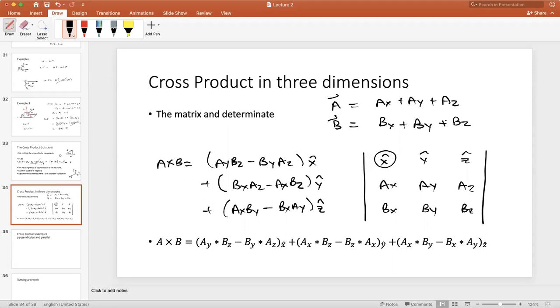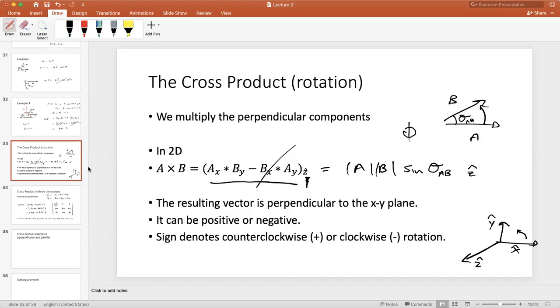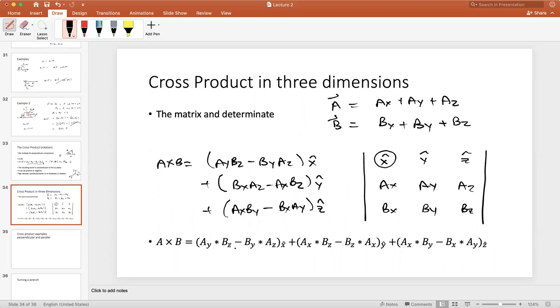And that gives me what the cross product is, for those of you who have had matrices. Notice that if I didn't have a Z component to these vectors, everything in the X hat and the Y hat direction would be gone, because every one of these depends on a Z coordinate, and I would just be left with the bottom, which is exactly what I had here. So in 2 dimensions, if there's no Z component to the vectors, you only get a Z component to the cross product because everything else has a Z component in it.